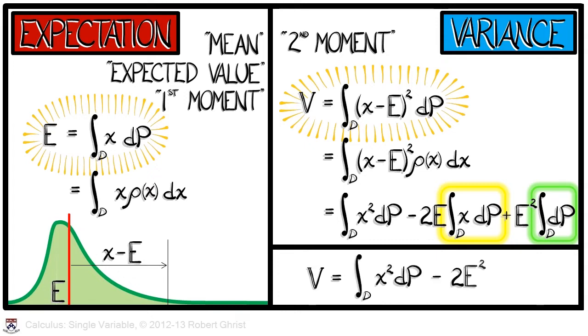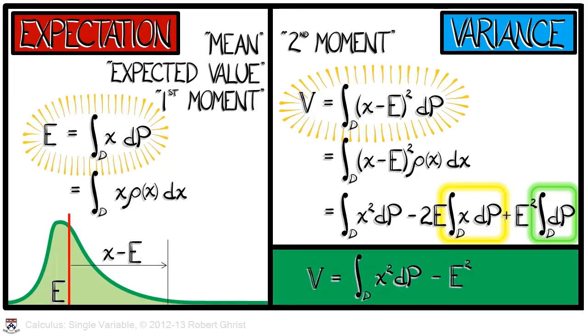Thus, we can simplify the formula for the variance to the integral over the domain of x squared dp minus the expectation squared. That is an important formula, and you're going to want to remember it. Maybe you've seen something like it before. It will help us understand just how to visualize or interpret this variation.